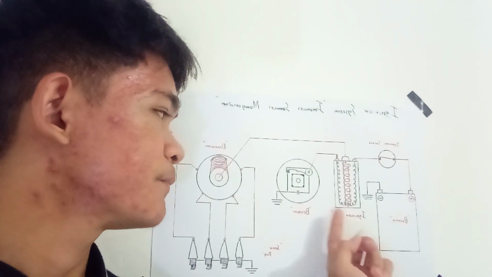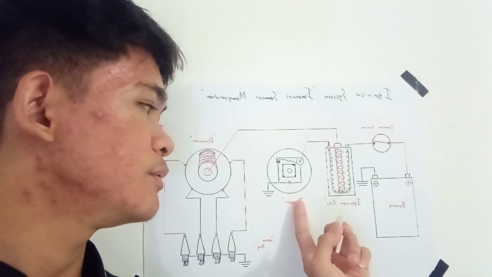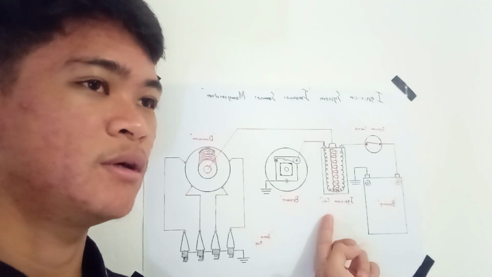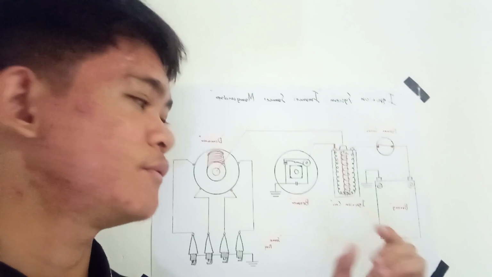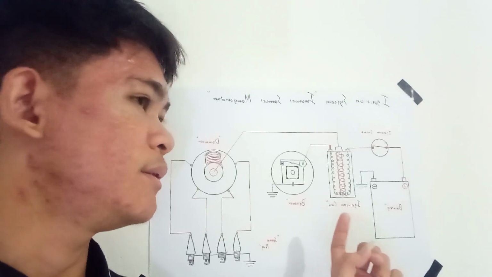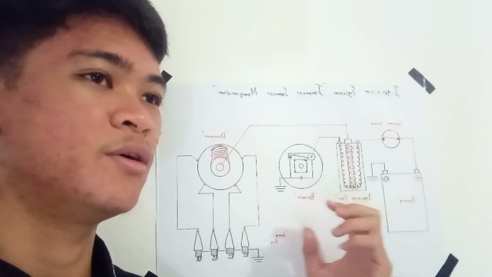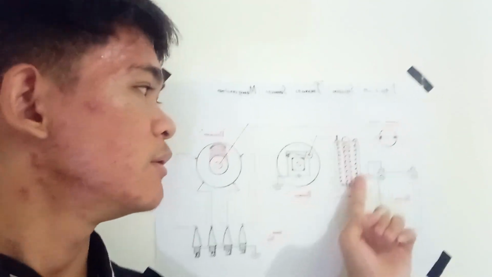And then the breaker makes a trigger to help the ignition coil make a high voltage from the battery.